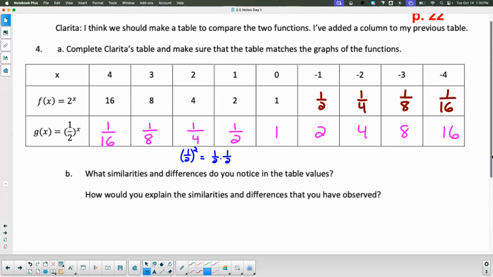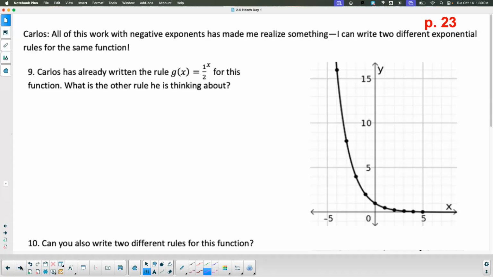Now we're going to jump ahead a little bit here to number 9, which is on page 23. Carlos just figured out that he can write 2 different exponential rules for the same function.